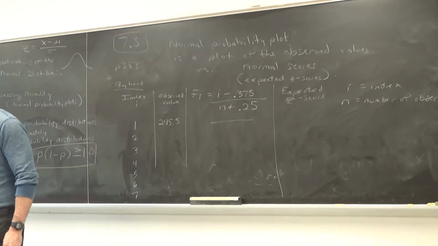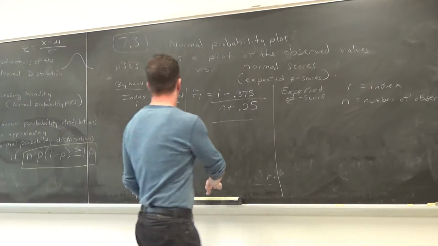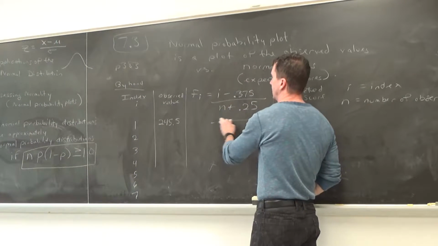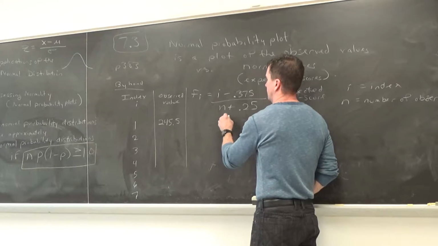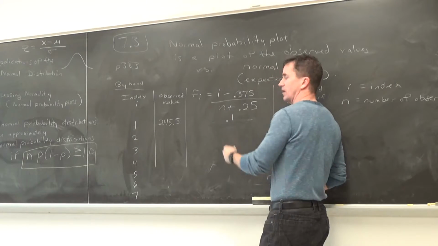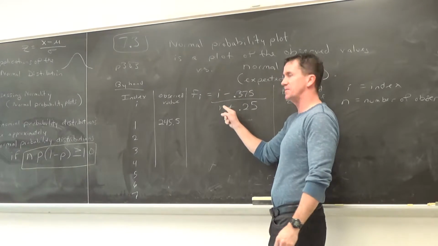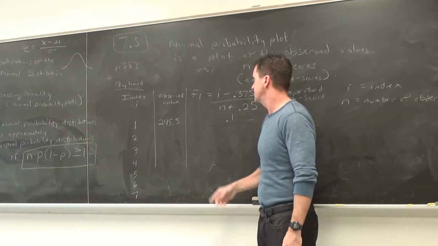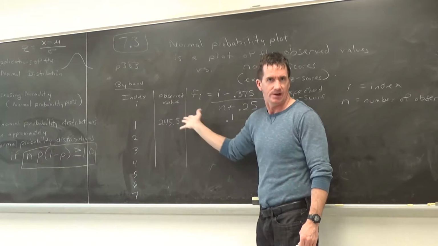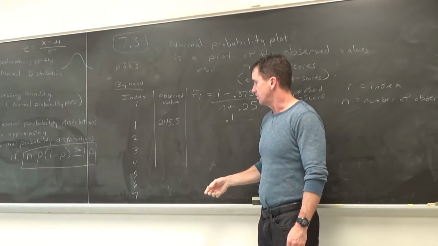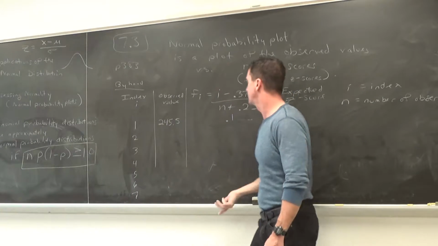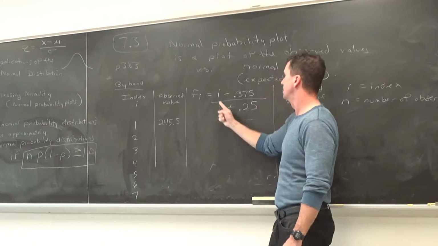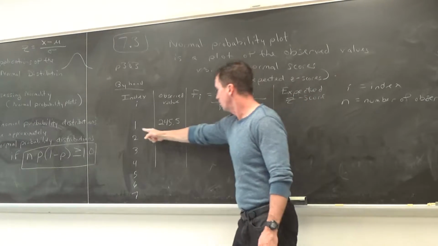Let's just say this math right here came out to be 0.1. Now when I'm bypassing this, because to do all this math, I need to know what? N would be the total number of observations, and i would be the index value, right? N is 7 here, so we'd have 7 observations. i would be the what? 1.